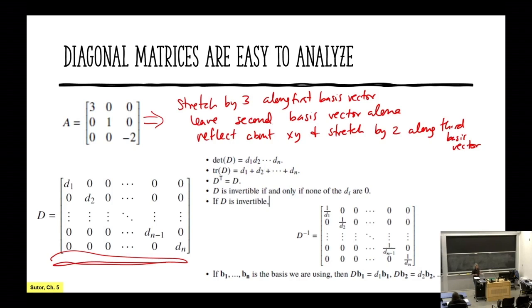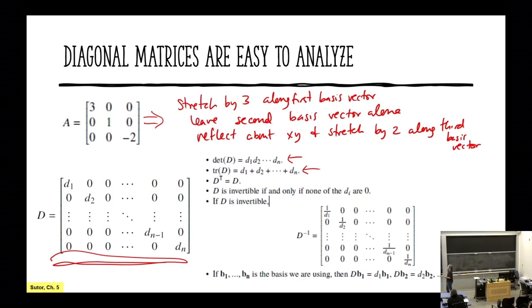But there's lots of cool properties about diagonal matrices. For example, the determinant of a diagonal matrix is just the product of the diagonal elements. And the trace of a diagonal matrix is just the sum of the diagonal elements. And the transpose of a diagonal matrix is just itself.